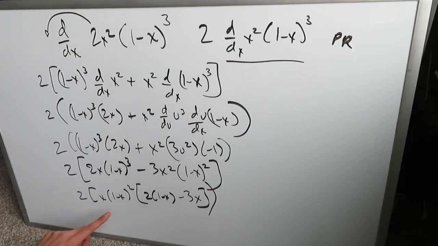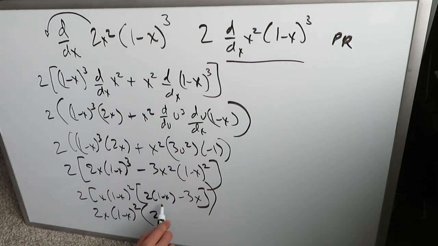Okay? Open up the parentheses and bring the 2 back in. You'll get 2x times 1 minus x whole square, then a 2 minus 2x minus 3x. So I'm going to do that all in one step: 2 minus 5x, and we are done.